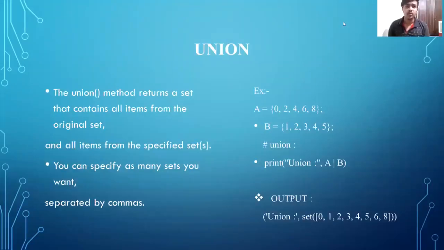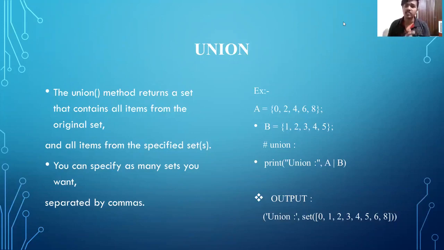As Harshal explained what a set is and the different set operations, we will see all the set operations one by one. First one is union. The union method returns a set that contains all items from the original set as well as items from the specified set.